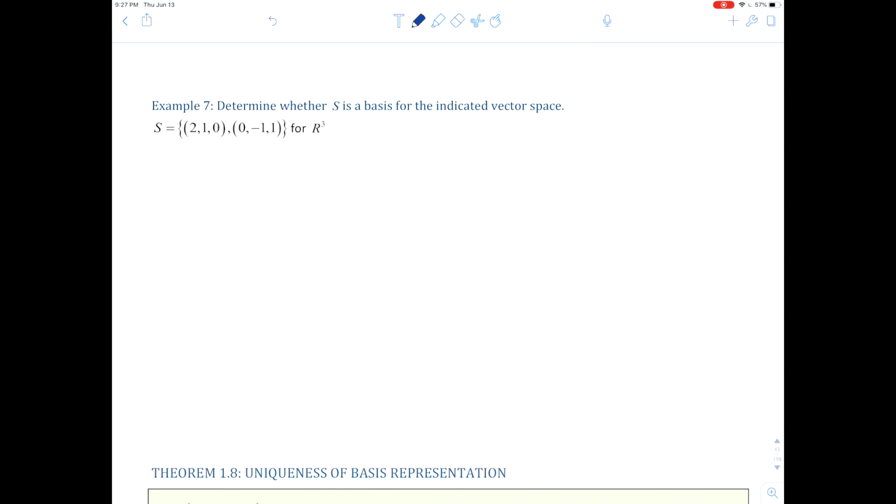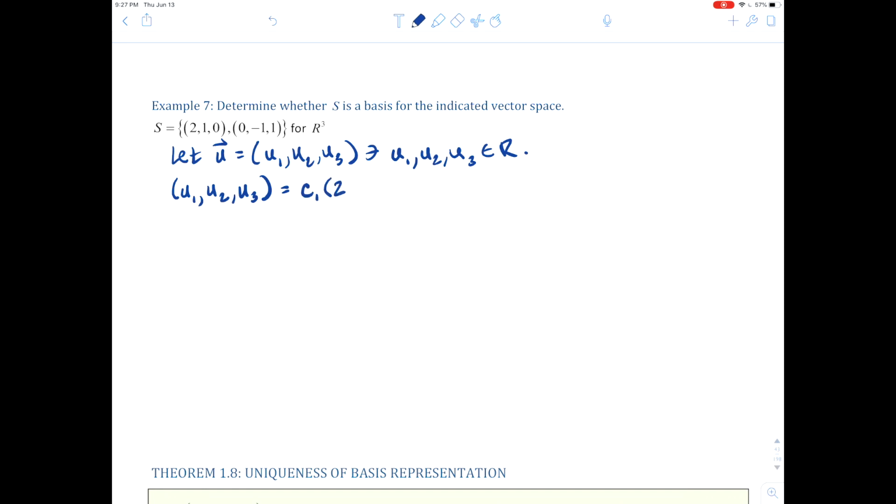Here we go. If we let U equal U1, U2, and U3, such that U1, U2, and U3 belong to the real numbers, then how would we set it up? Remember, you have your U1, U2, U3 is going to equal C1 times this vector here, 2, 1, 0, plus C2 times 0, negative 1, 1.